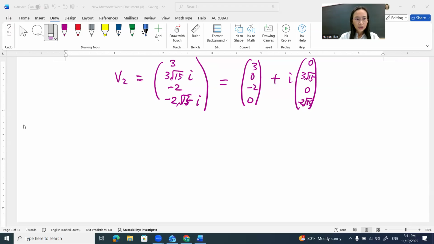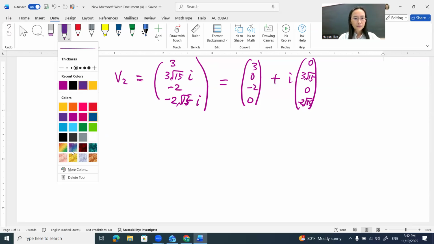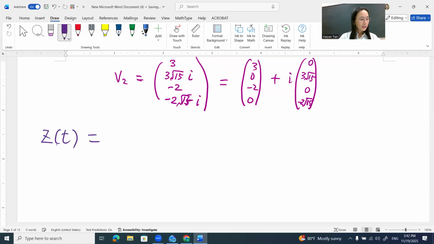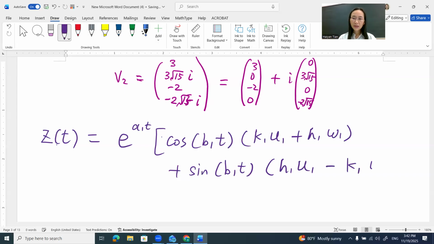Suppose I want to give solution Z. Let's write Z as e to the a1t, and then cosine b1t times k1 u1 plus h1 w1, plus sine b1t times h1 u1 minus k1 w1.